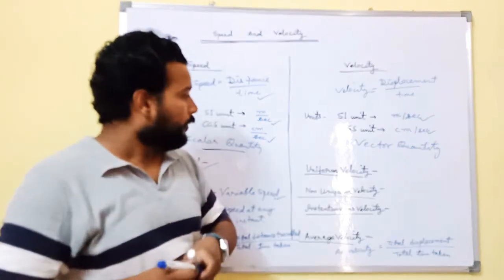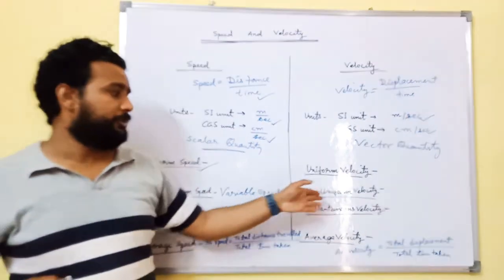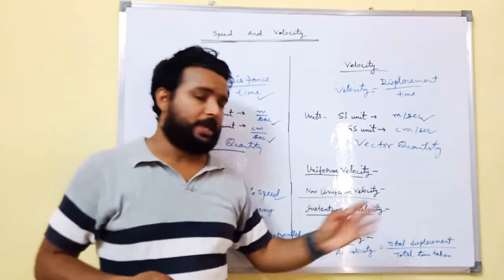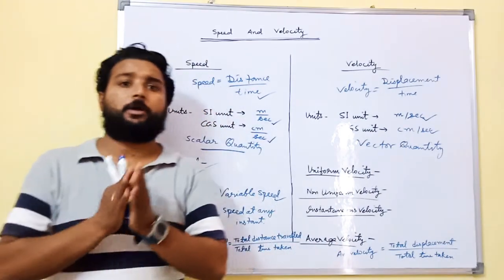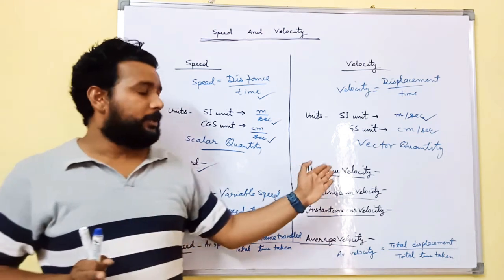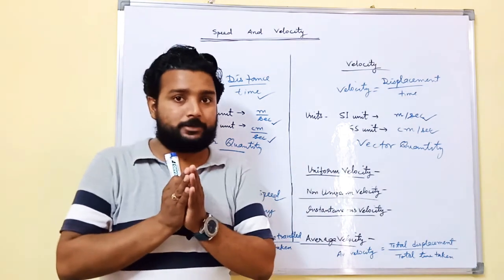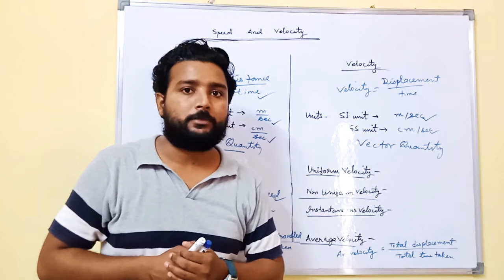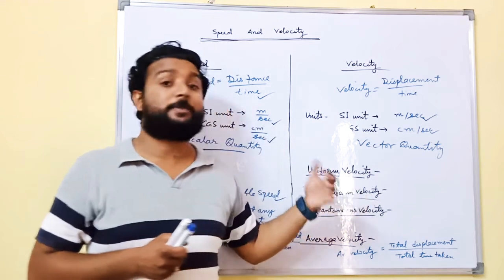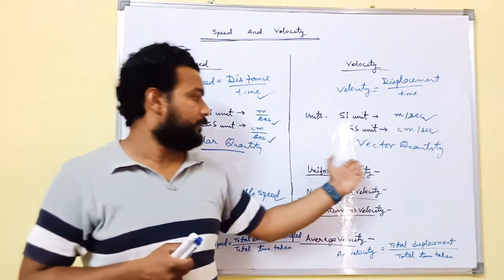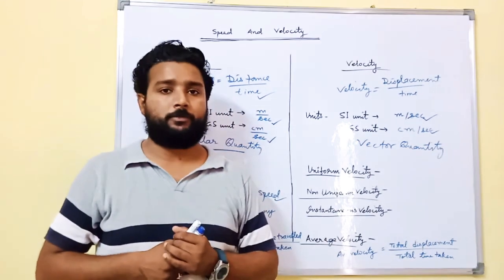Now, what is uniform velocity, non-uniform velocity, instantaneous and average velocity? Students, if any body covers equal distances in equal intervals of time in a specific direction, then velocity is said to be uniform.